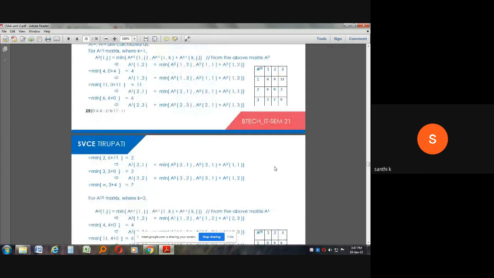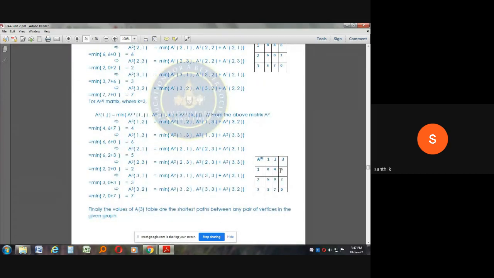So instead of 11, we got 6 in the final matrix.